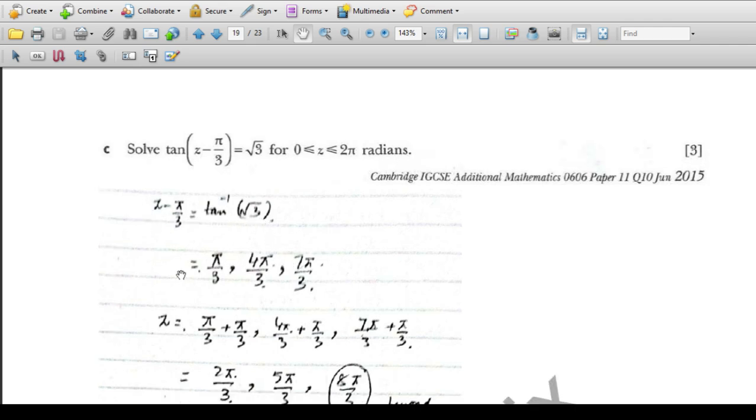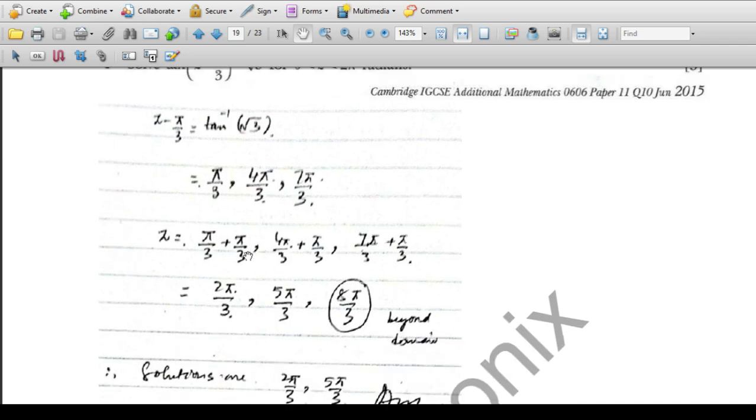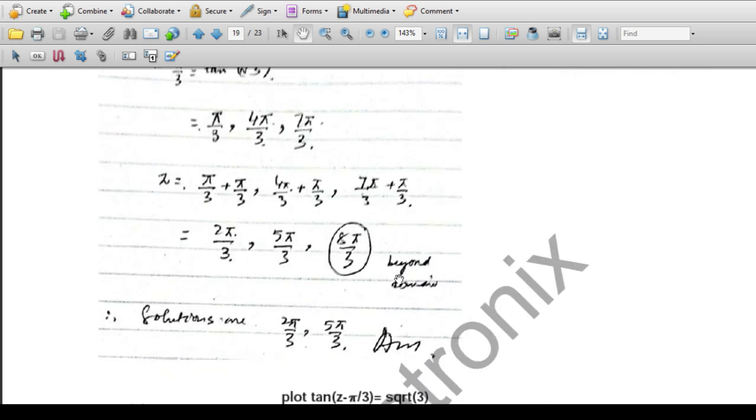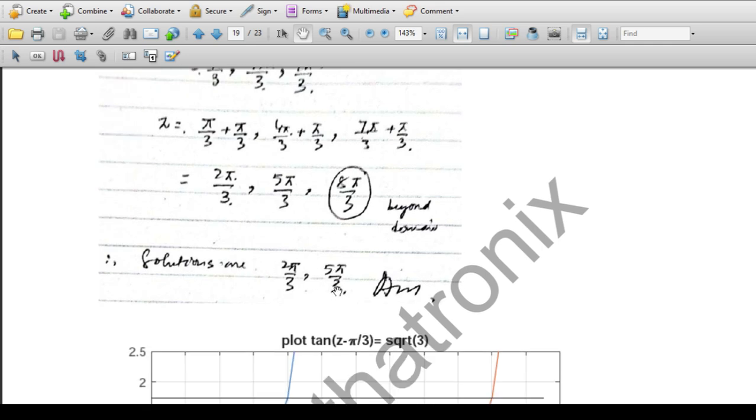So we will take π/3, 4π/3, 7π/3. Now z minus π/3 is this, so we shift this π/3 to the right hand side, so it will be added to all. Adding π/3, this is 2π/3, this becomes 5π/3, and this becomes 8π/3, which is beyond 2π. So we will discard this one because it is more than 2π. So we have these 2 solutions: 2π/3 and 5π/3.